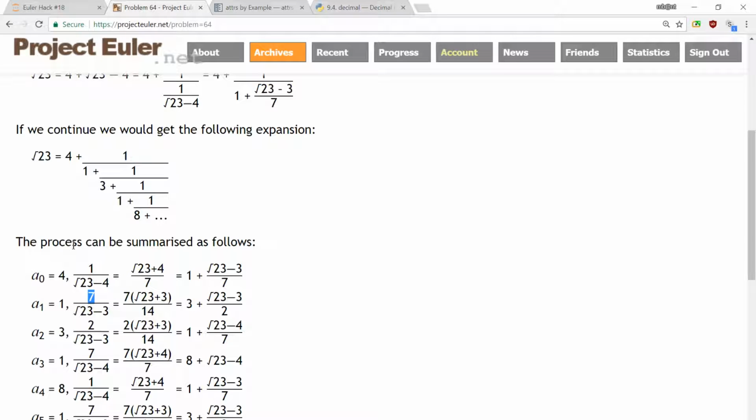We do 23 minus 9, which is 14, and we divide it by 7. So 23 minus 9 divided by 7. It's the number that we are currently calculating minus d squared over the previous n. Okay, that makes more sense.